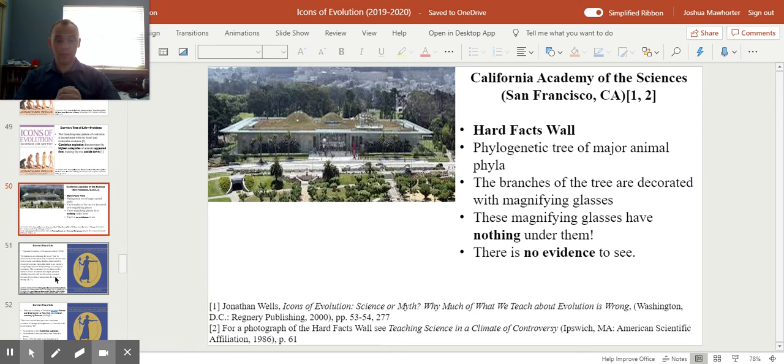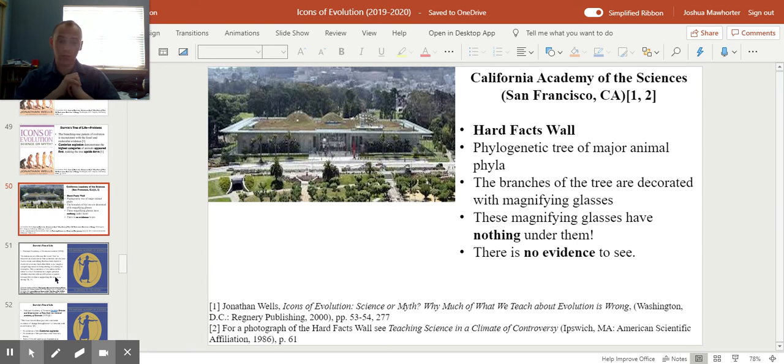And there was the phylogenetic tree of life, which is basically the idea that the different phyla and different genetics have developed over time of these major animal phyla, just what Darwin was talking about. From a few became many. Few or one became many. That was the kind of the theory of the tree of life.